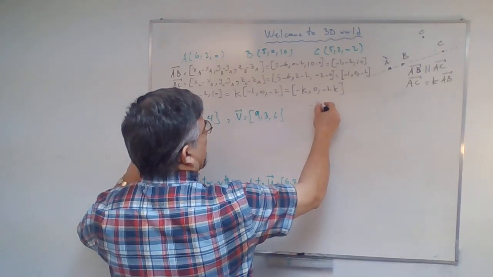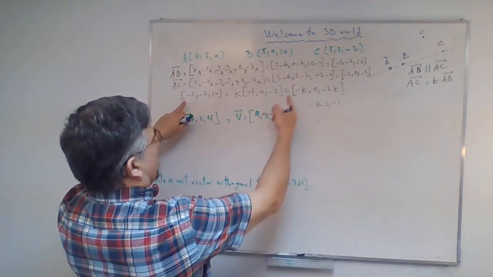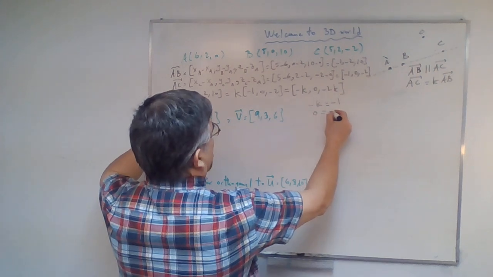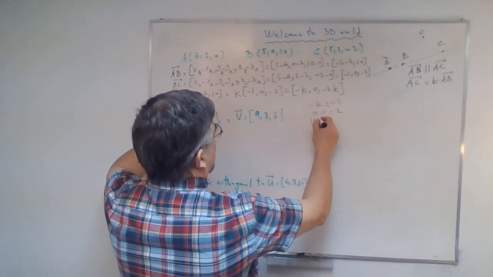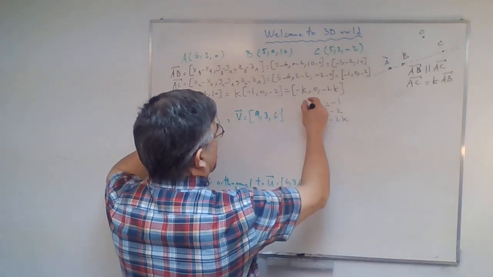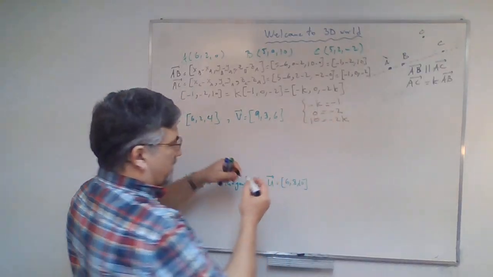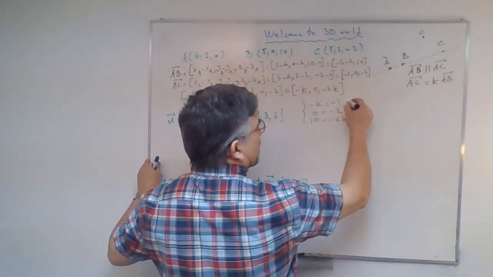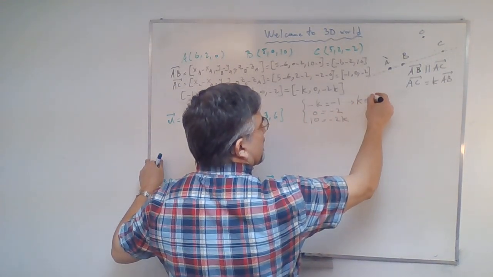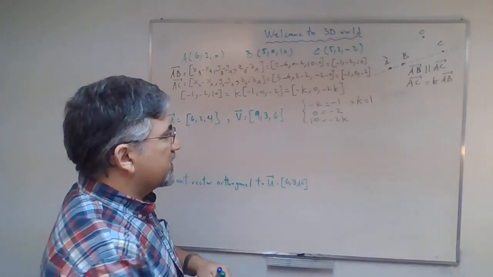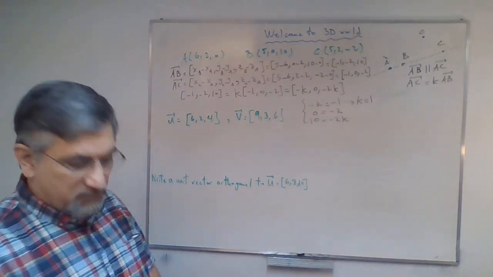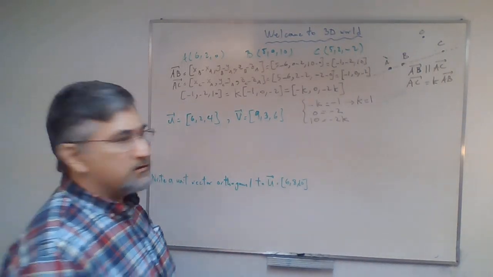So negative k equals negative 1, and the 0 equals negative 2, and 10 equals negative 2k. These are the equations we end up with. From the first equation, k equals 1. Second equation, obviously it's a wrong statement because 0 is not equal to negative 2.